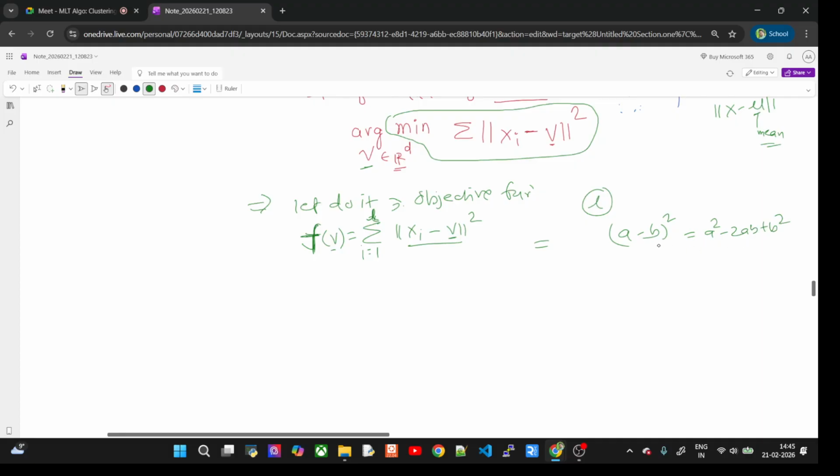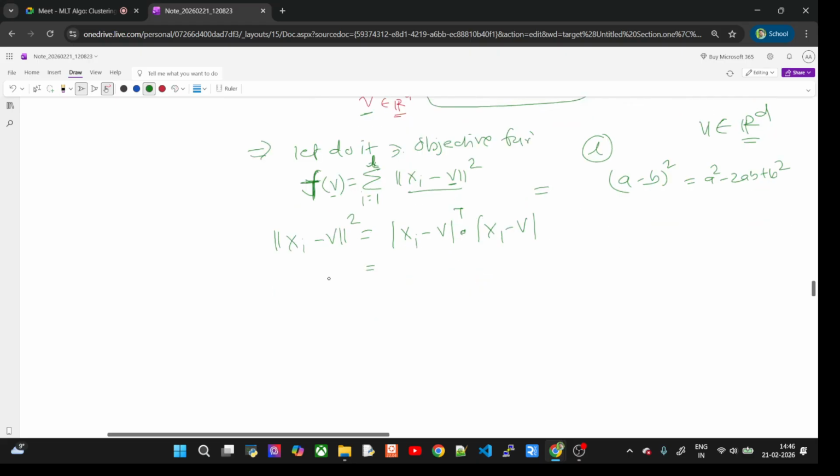But v is a vector, because it belongs to R^d, with dimension d. So how do you write (xi minus v) whole square for vectors? It is (xi minus v) transpose into (xi minus v), because for vectors you don't do a into b, you do a transpose b.